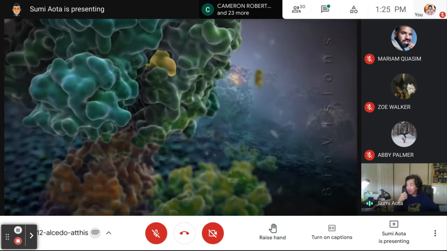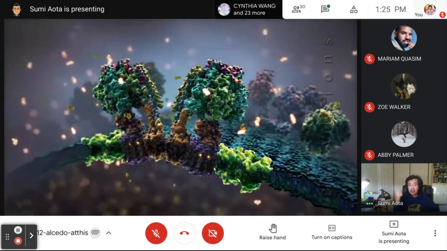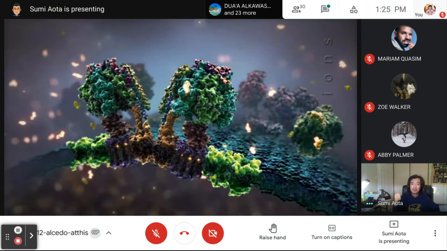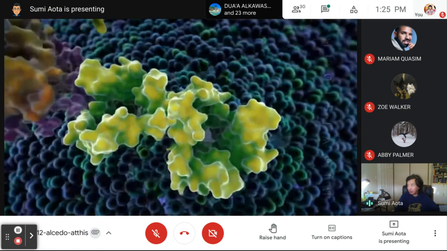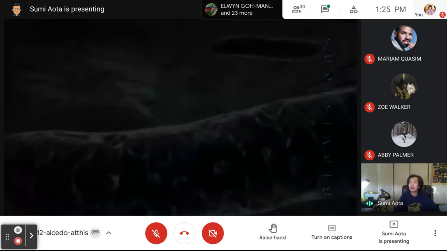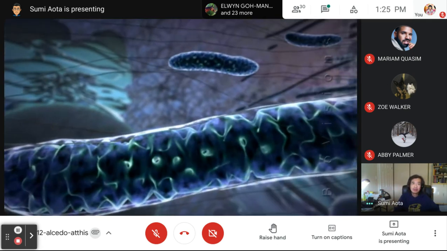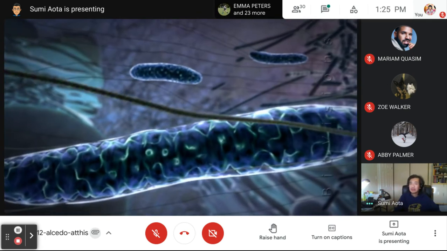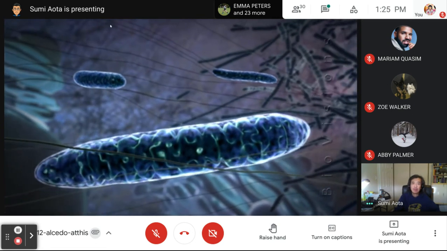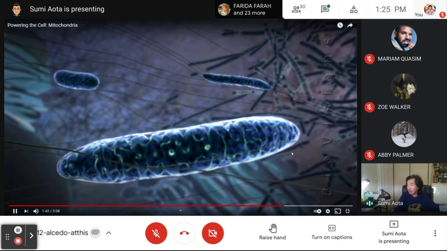It physically moves like this. Every pair of hydrogen going through causes that thing to spin, and that spinning motion powers the synthesis of ATP. And then you've got lots of mitochondria in your cells.